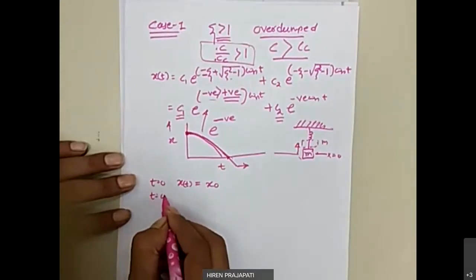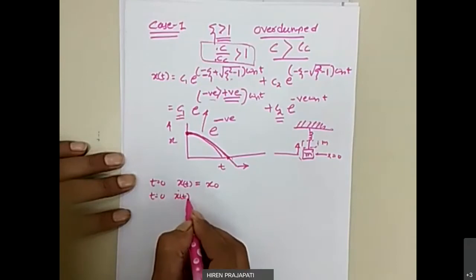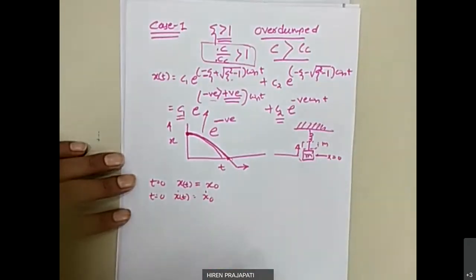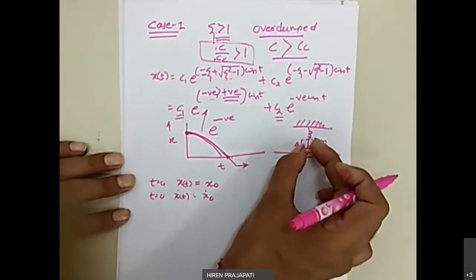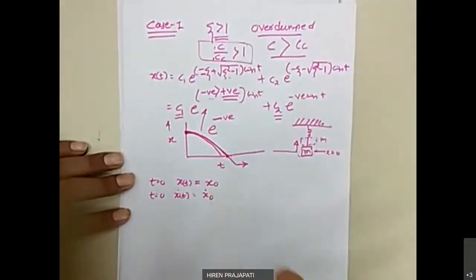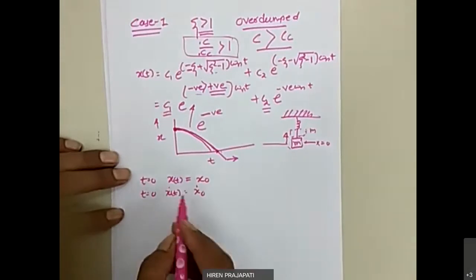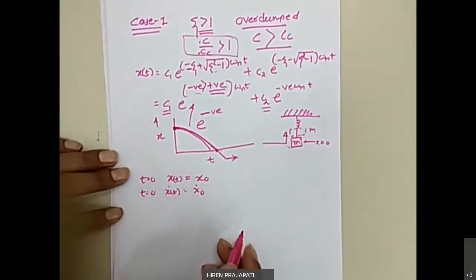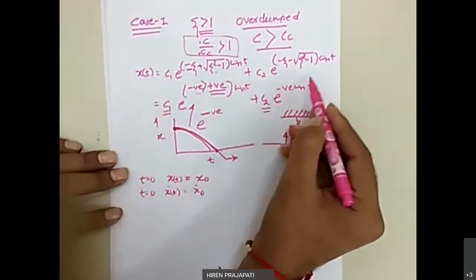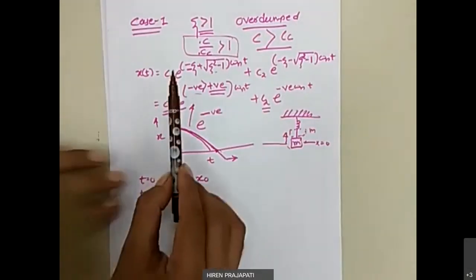Similarly, I consider a second initial condition: at time t equals 0, some initial velocity is also given to the mass. That means I move this mass upward, I also give some initial velocity, and then I release the system. So the system will vibrate, right? These are the two initial conditions. Just put these two initial conditions one by one in this governing equation of motion, and that will give the values of C1 and C2.